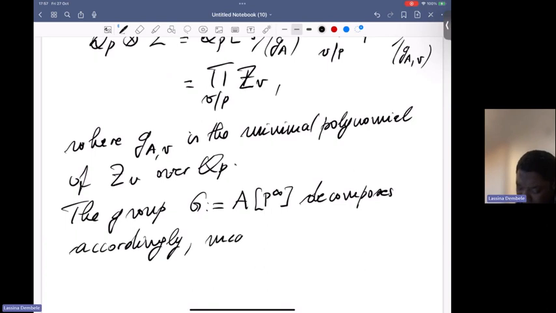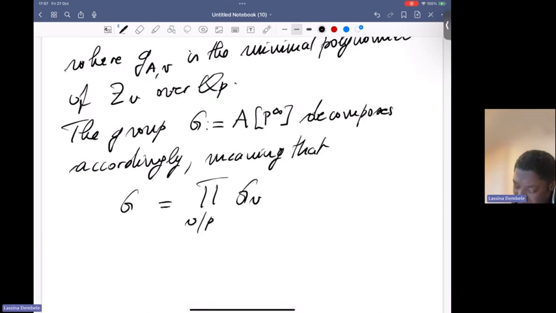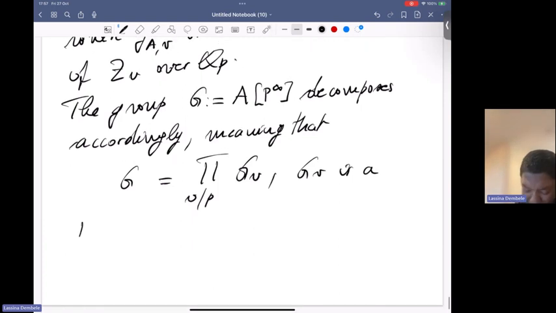Meaning that I can write G as a product over all the places dividing V, GV, and GV is a P divisible group.